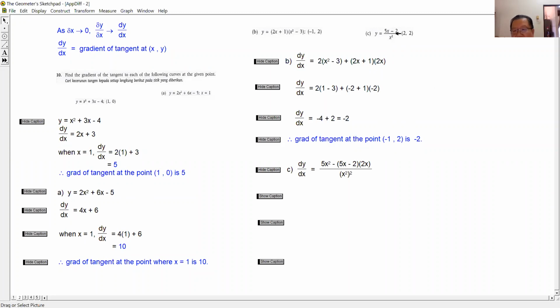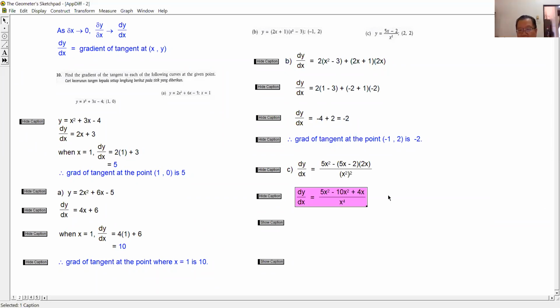Minus, just now I've differentiated this. So now I keep the top. Then I differentiate the bottom, the denominator. When I differentiate the denominator, I get 2x. So can you understand how to get this thing here? Yes, sir. Then you have to divide by the denominator squared. Of course, this looks very ugly. You have to simplify. So how to simplify this?